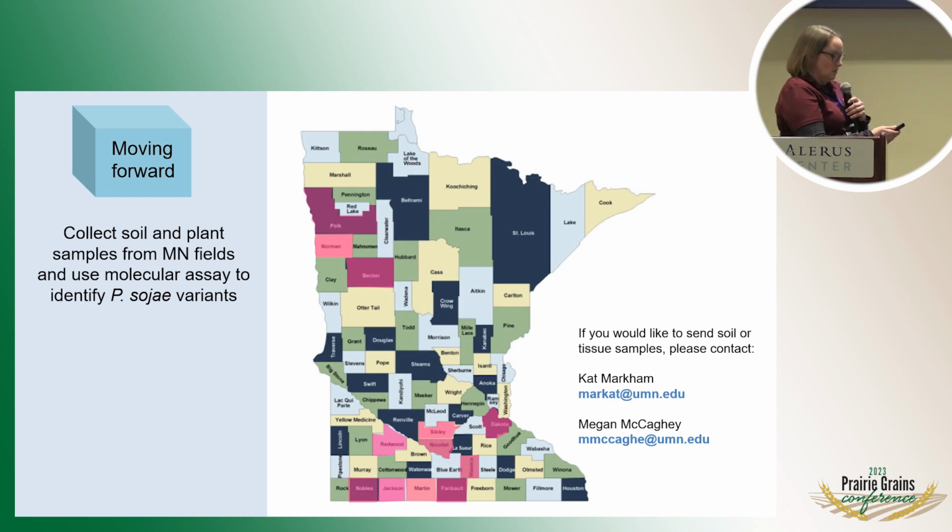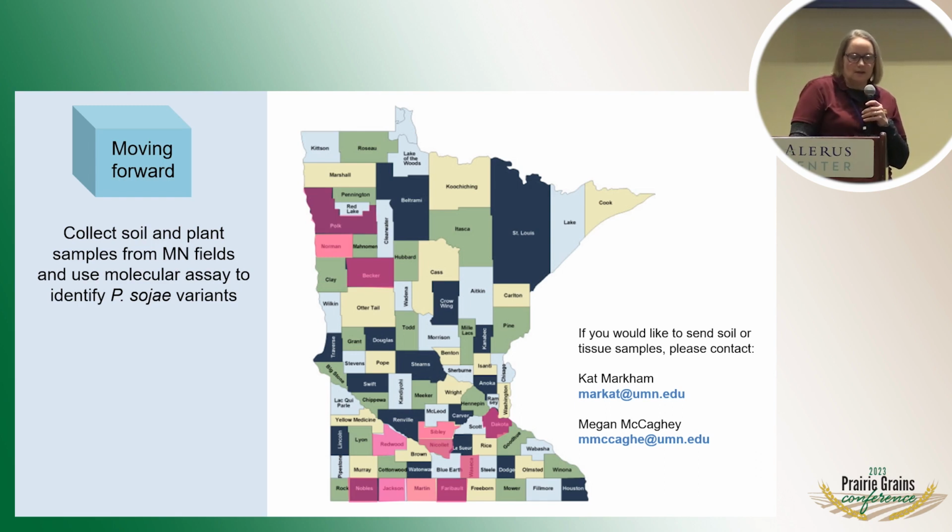So these individual counties in red and purple were the counties where samples were submitted this past year. So we had a farmer down in Norman County that was out scouting the field one day and noticed, wow, there's all these plants dying. Had those typical chocolate brown lesions, and we sent in samples, and what was neat is they're currently isolating the pathogen.